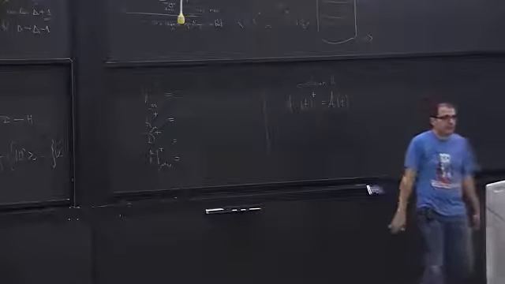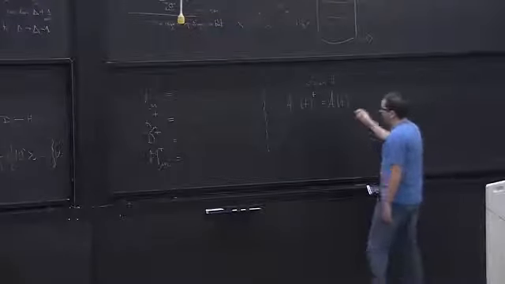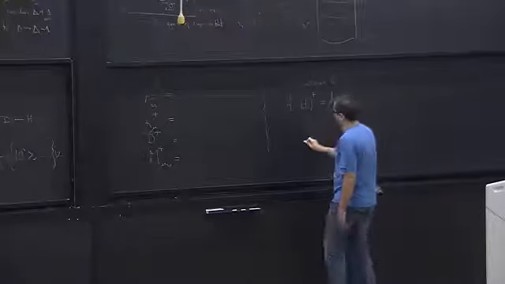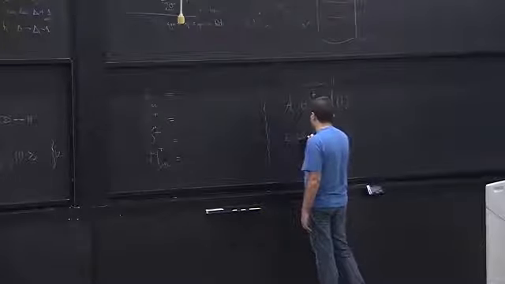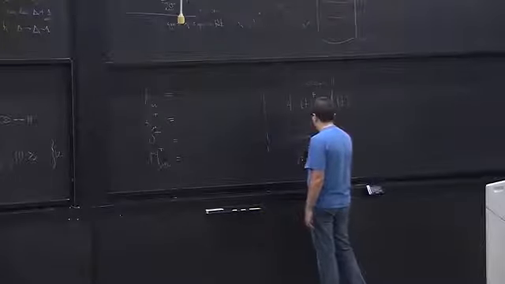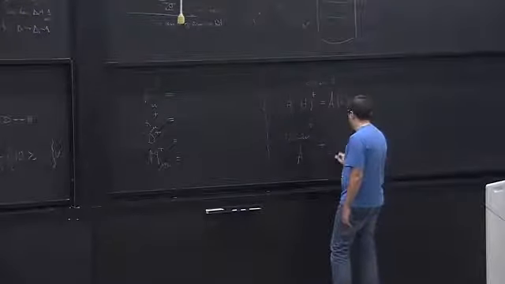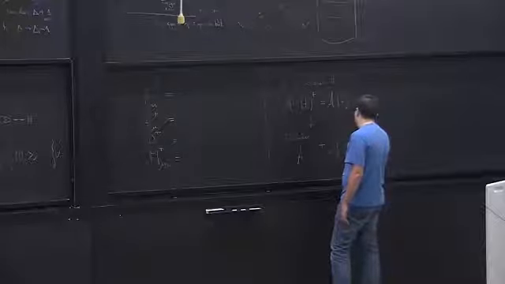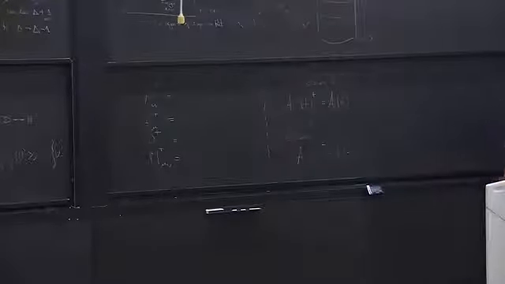This implies that in the Euclidean picture, when I apply dagger, I get A of minus tau. I'm just reminding you of standard things, but if not, it's obvious: just change t to i tau and you get this.